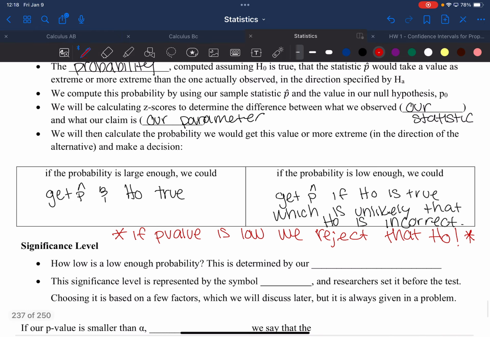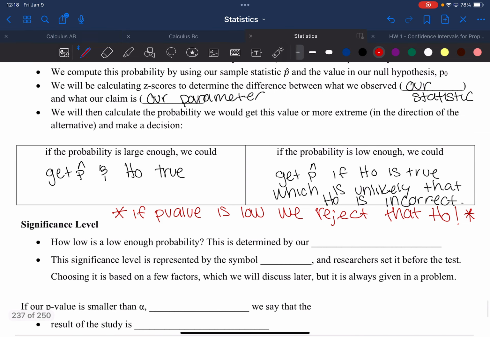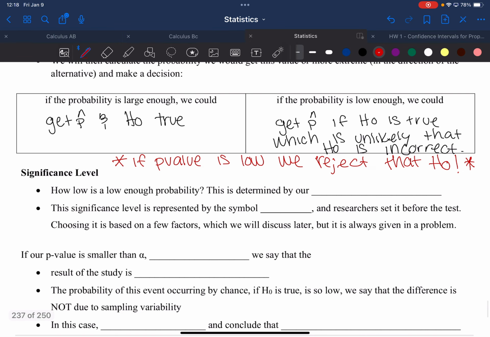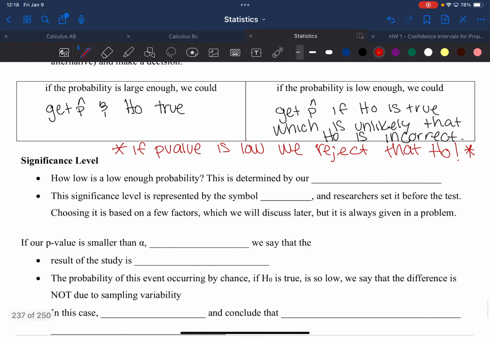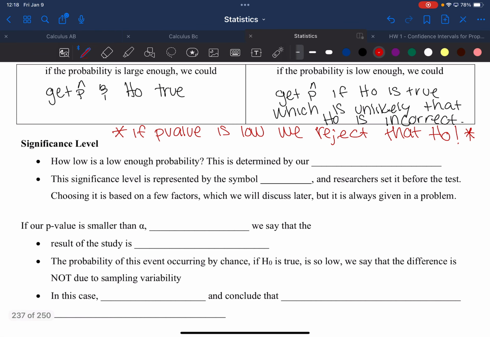Because I know you guys are going to go, ha ha ha. No, you should have to say that. I have to be committed to it. Last year I tried to make them not say that because I did not want you guys going around saying that, so I made them say reject H naught. But then they end up saying reject that hoe anyway. No, it's part of the lesson. Please don't go home and say, oh my gosh, my teacher.